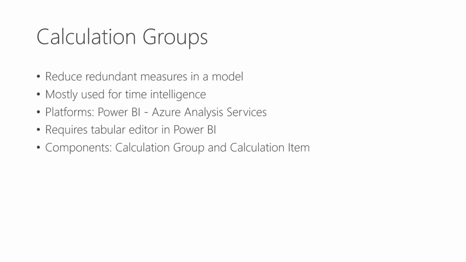These calculation items simply store the repeating logic in measures, to be used by multiple measures. If you can't quite understand this yet, it's completely fine. We would be going through the demo, in which you can get a sense of everything that's going on with calculation groups.